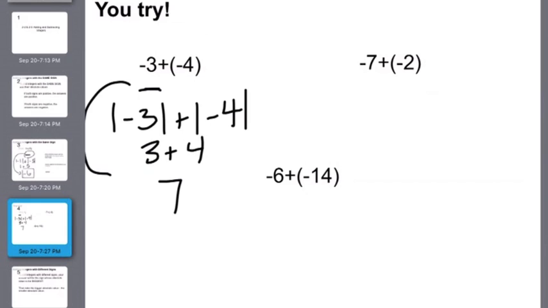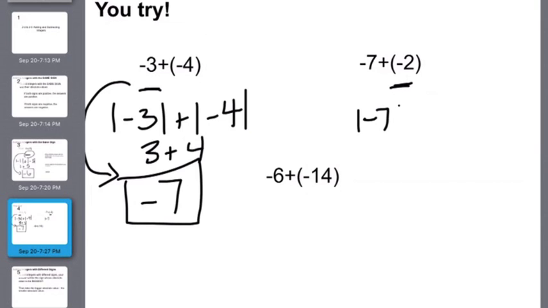And then we want to make sure we bring that sign down. So it's -7. Next, -7 plus -2. Our answer again is going to be negative. The absolute value of -7 plus the absolute value of -2 gets us 7 plus 2, which is 9.